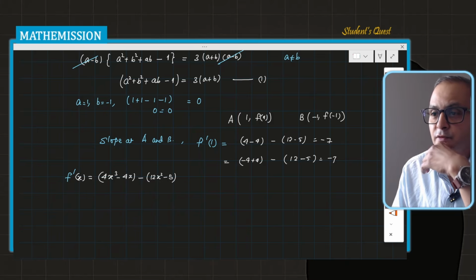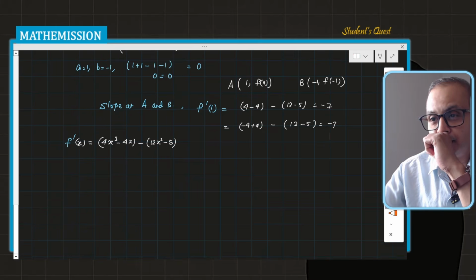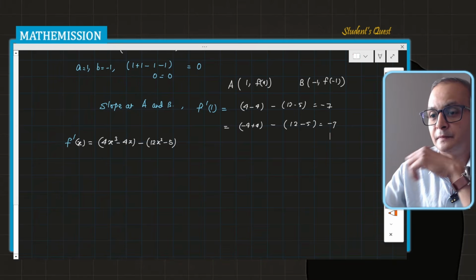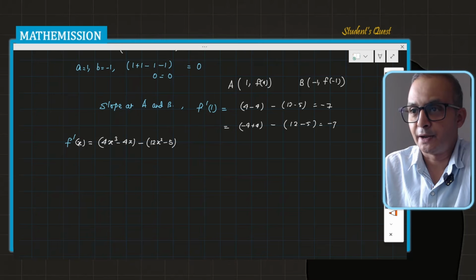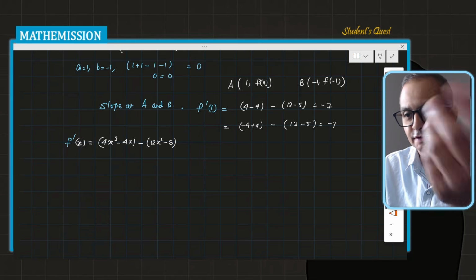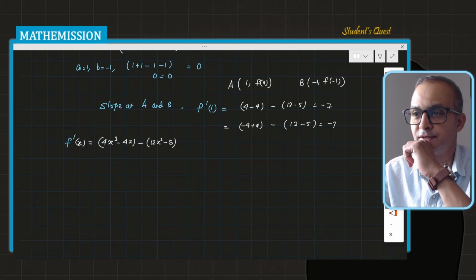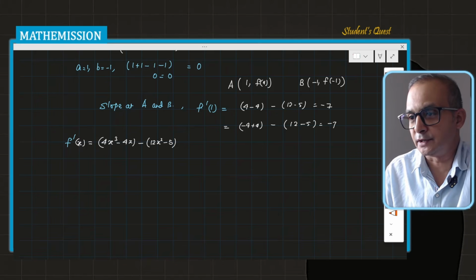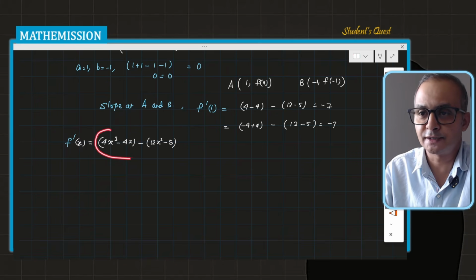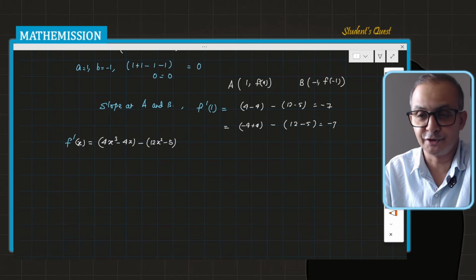So what will happen? Are we getting the same line? We got the slope at 1 and minus 1, both negative 7. So can we have another point also where this slope is the same? The cubic equation, you can notice, must have 3 roots if you are equating with 0.